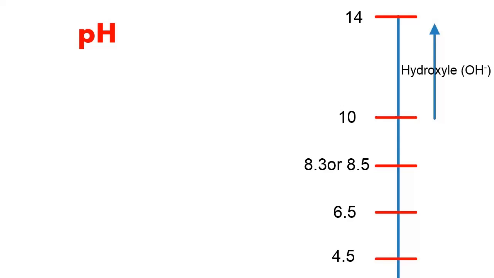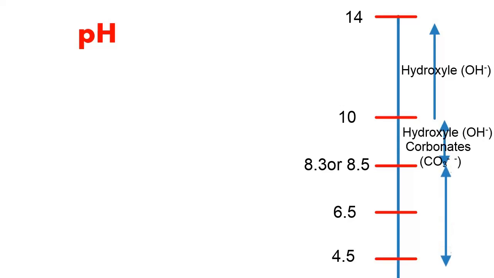If the water's pH is from 10 to 8.5, then the alkalinity is due to OH alone or carbonate alone or OH and carbonate together. Understood? If the pH value is less than 8.5 and more than 4.5, then the alkalinity is due to bicarbonates only.